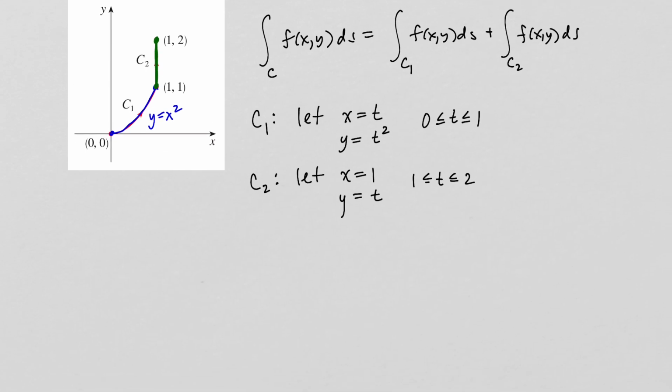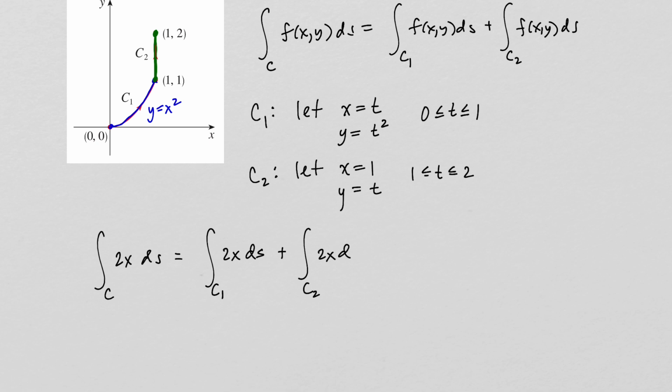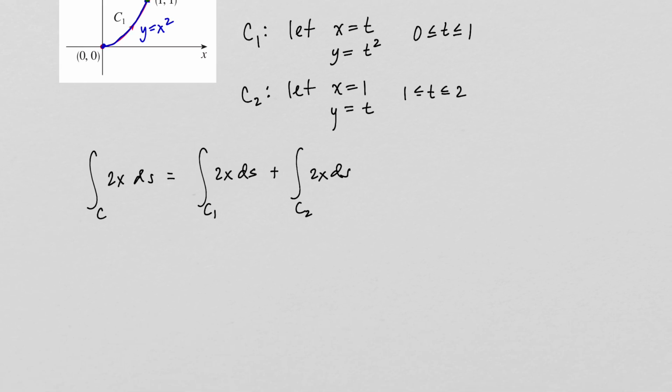So now to integrate the function 2x along the curve C with respect to s, we are simply going to break that up as the integral along the curve C1 of 2x ds plus the integral along the curve C2 of 2x ds. Now what we need to do is calculate ds for each of the curves C1 and C2.